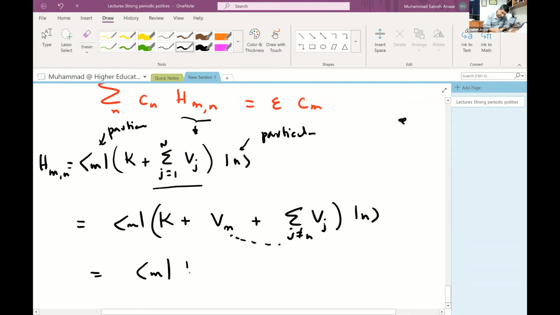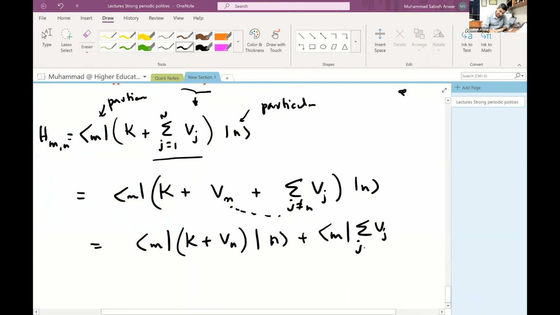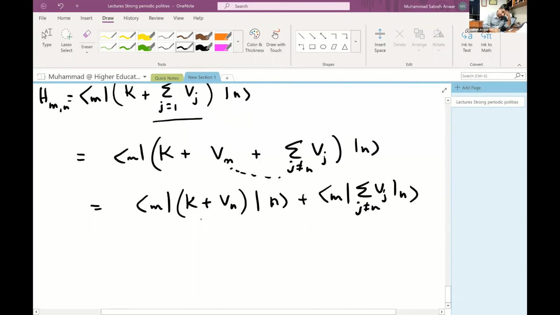Now, by the way, I can write this, because of linearity, in this form. This will become bra m sum over all j's excluding the n, all right. Now if you look at this term here, ket n, the atomic orbital is an eigenstate of the kinetic energy plus Vn, where Vn is the potential energy brought out by the nth nucleus, and we're talking about an atomic orbital which is attached to the nth nucleus.